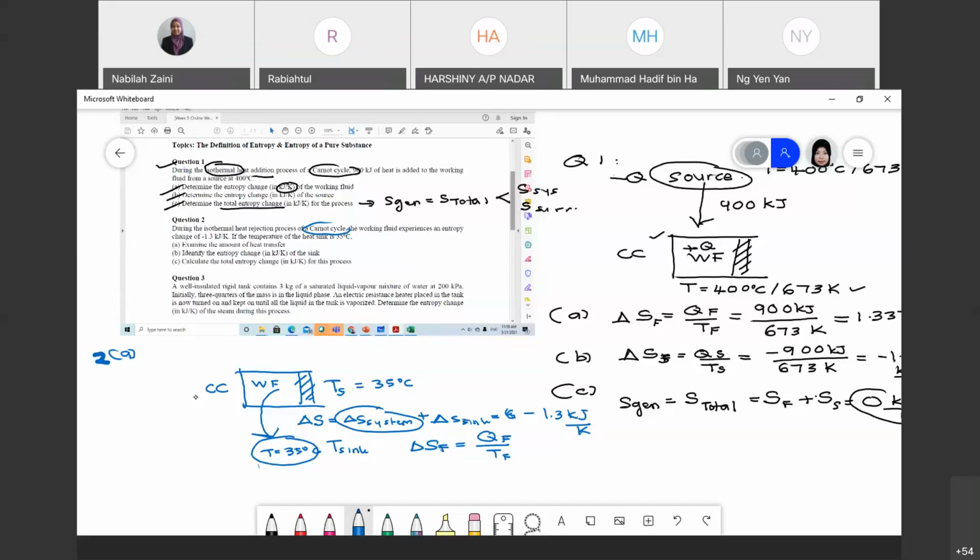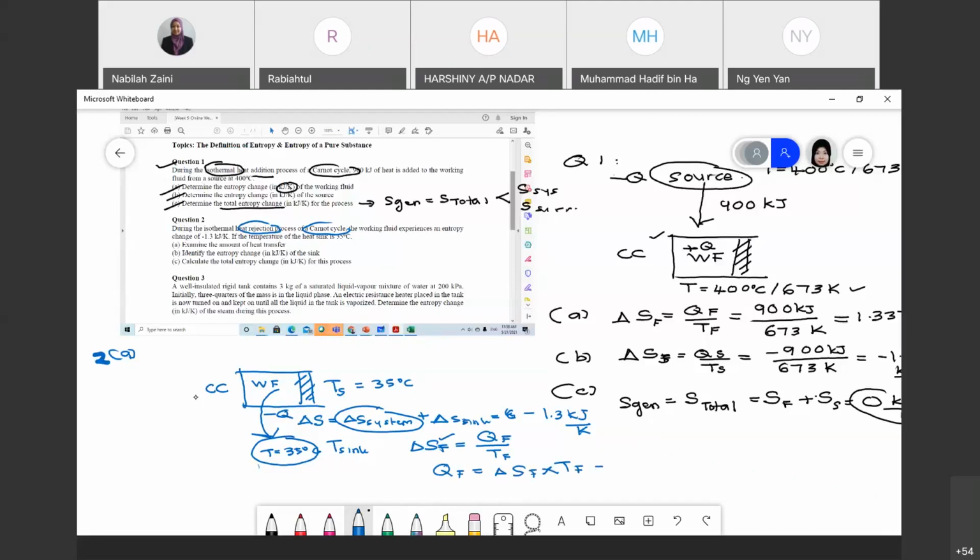Then the entropy is given as negative 1.3. Here the system is the heat rejection process, so heat is rejected. Once the heat is rejected, the negative Q is displayed for the working fluid. Rearrange this equation as Q_F equals S_F times the temperature of the fluid.